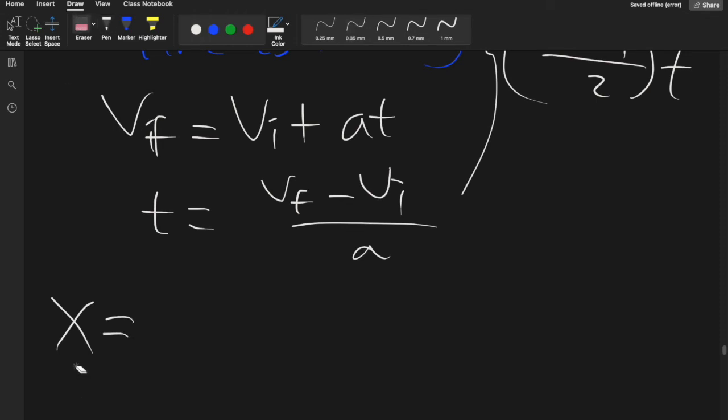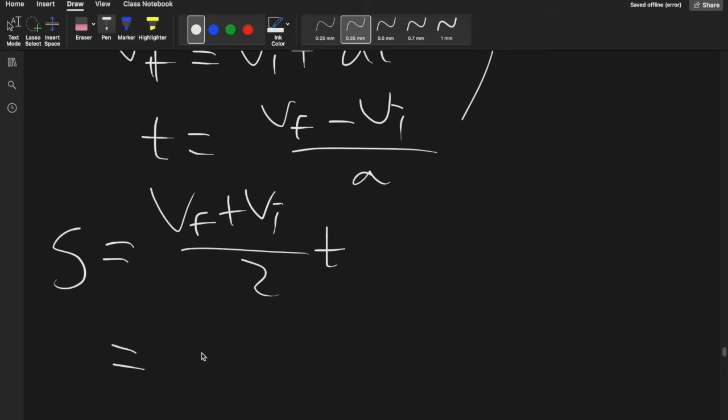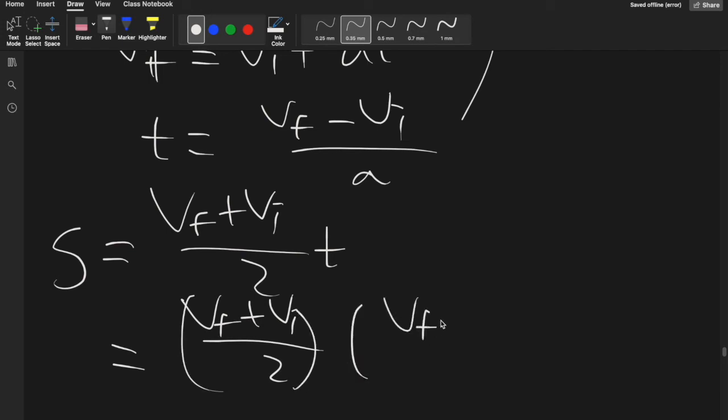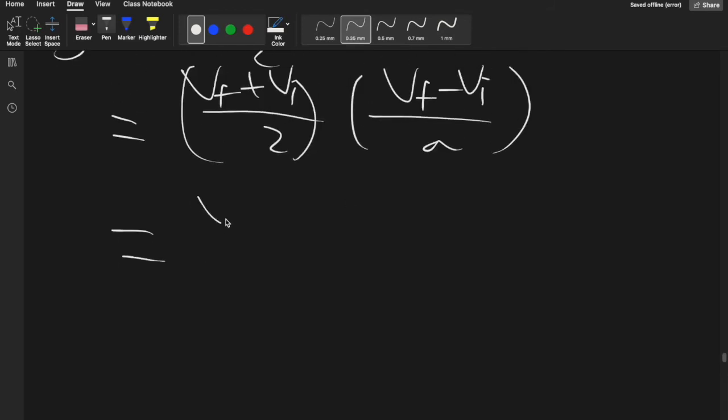Actually, let me use s to represent displacement. So you can just simplify this equation a little bit.